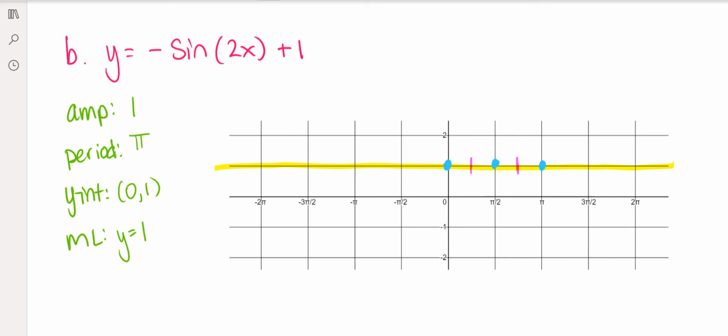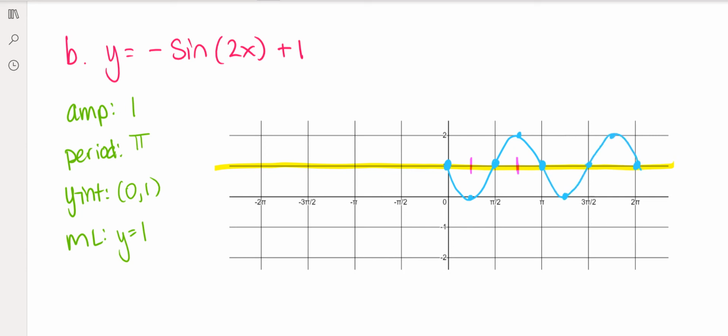Thank you for catching that. So instead of going up first, we actually have to go down first, down 1, and then we go to the next one and we go up 1. That is one cycle of sine. Now you just need to continue it, and you just follow that pattern. So another period, halfway, down 1, up 1.